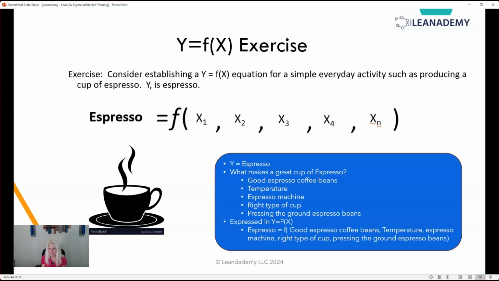That's basically what goes into the Y = f(X) function. So if we can control the coffee beans, the temperature, the machine, the type of cup, and the grinding of the espresso beans, we should have a great cup of coffee.